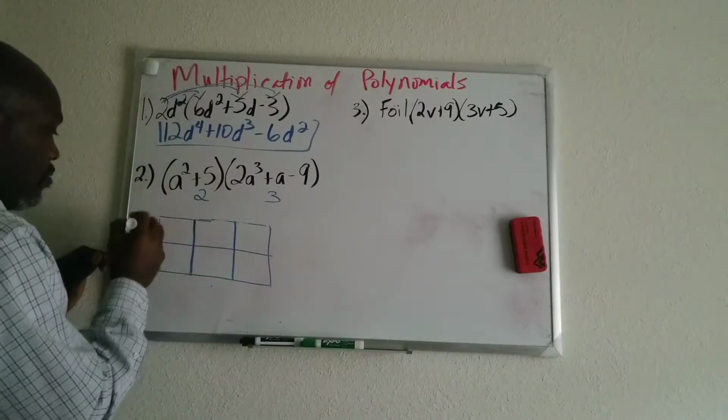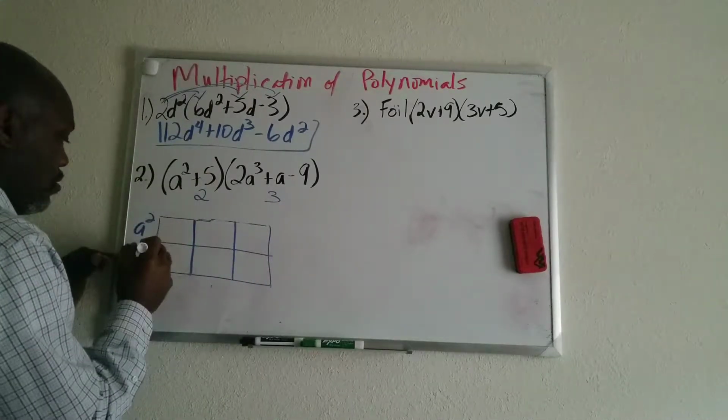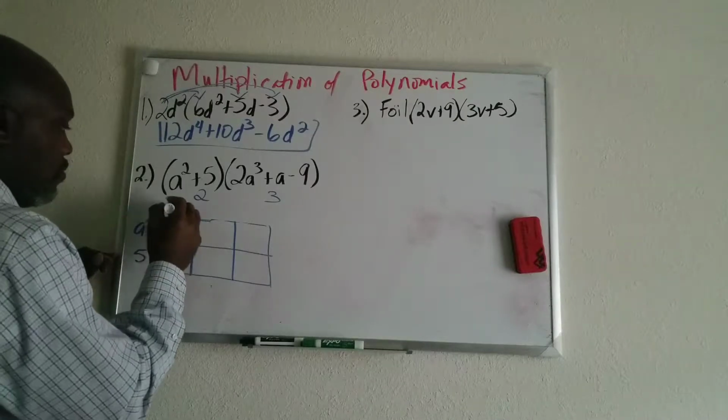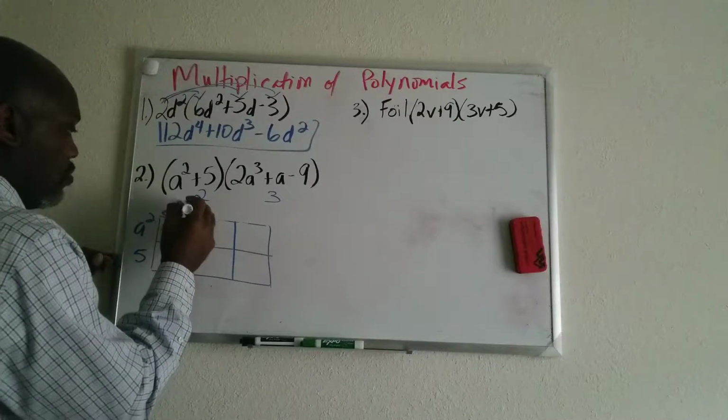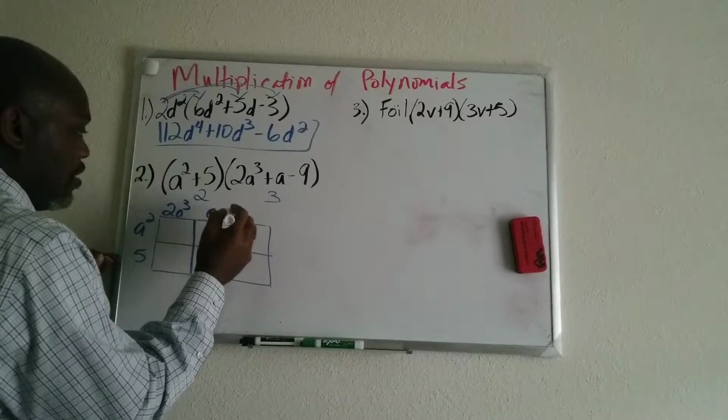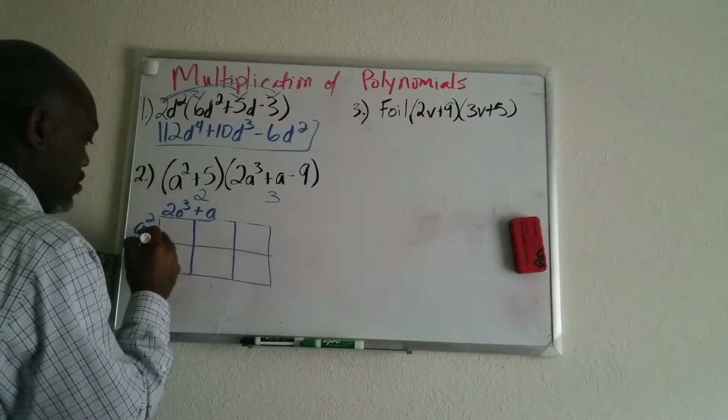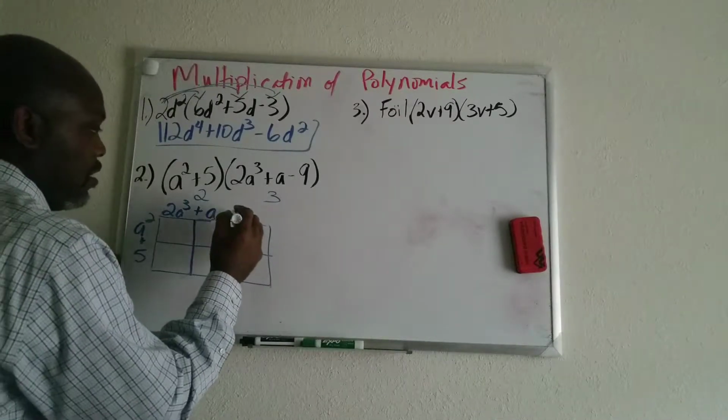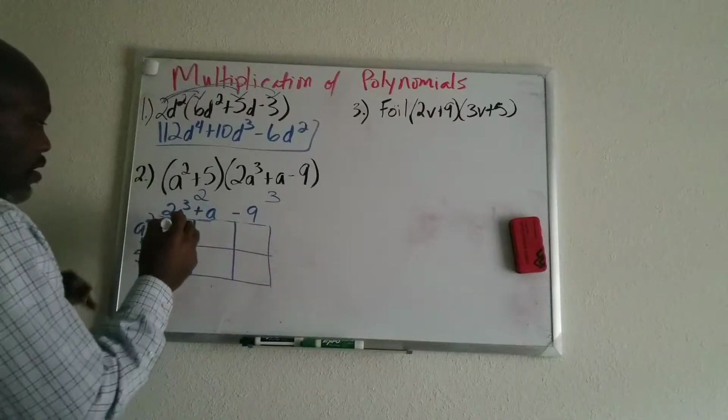We're going to write a squared plus 5 across the top, and 2a to the 3rd plus a minus 9 down the side.